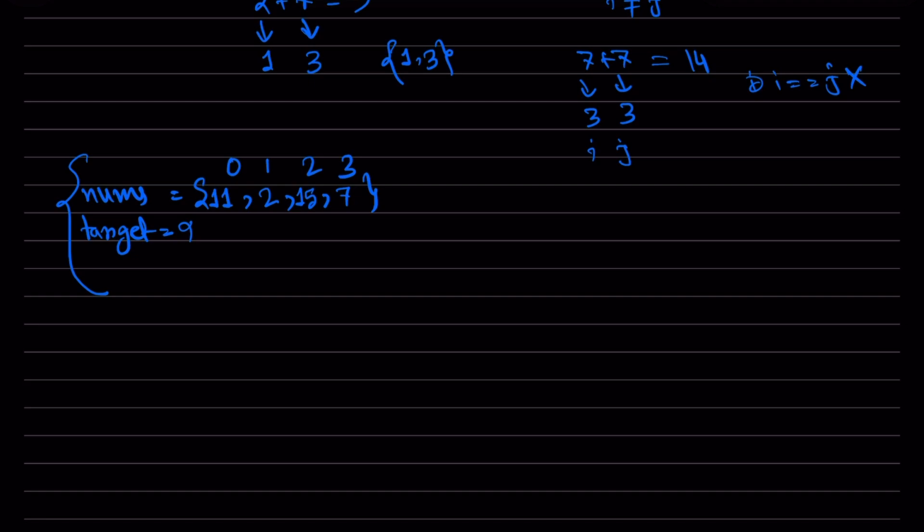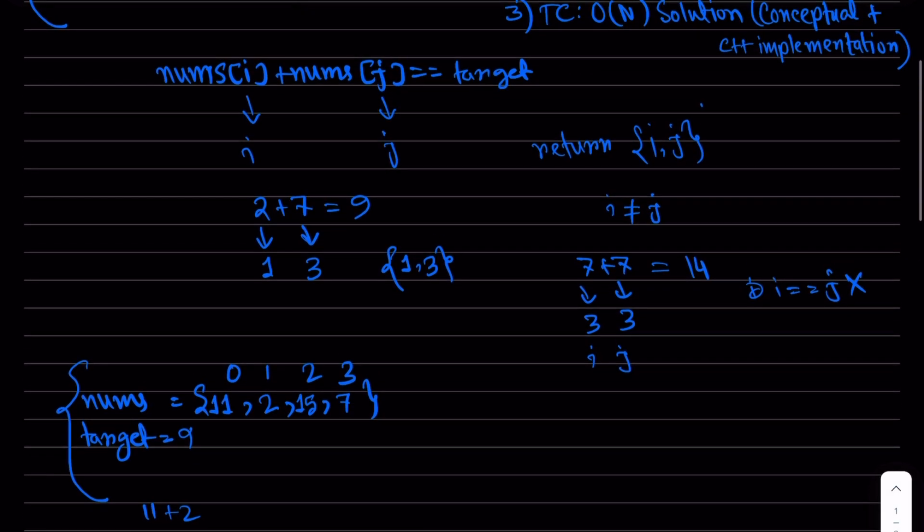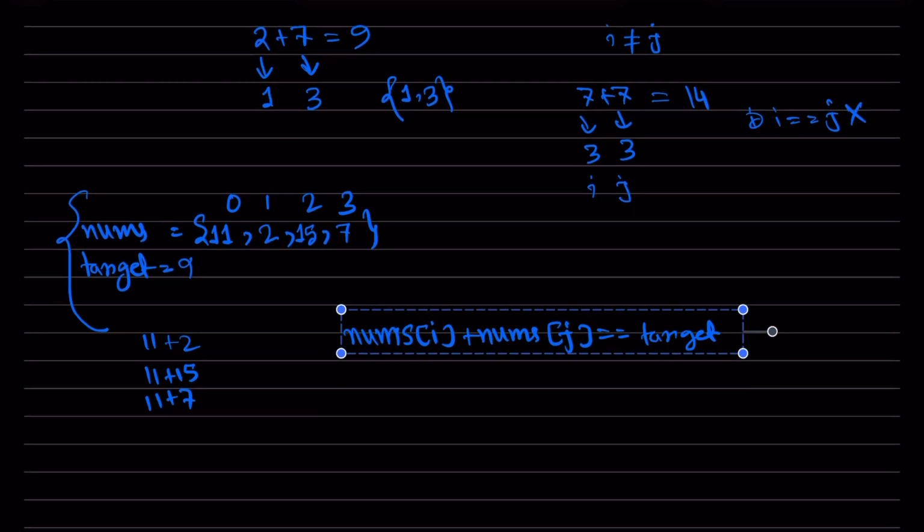For this example, our target is 9, but we do not know which pair of indexes satisfies it. So in code, we will generate all the possible combinations, which is 11 plus 2, 11 plus 15, and 11 plus 7. Each time we generate a combination, we will check if it satisfies this condition.